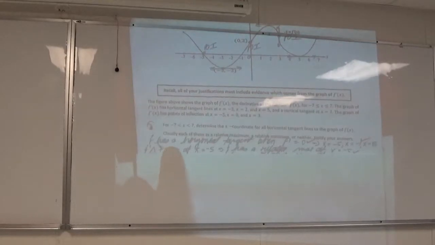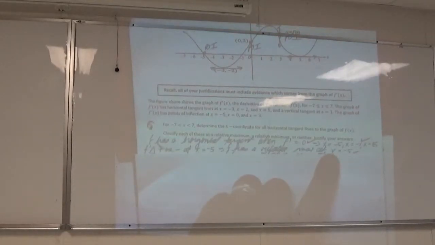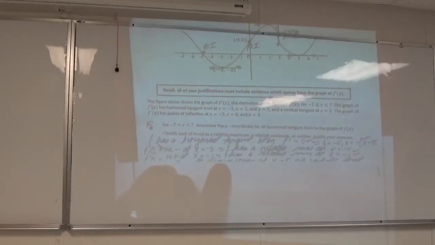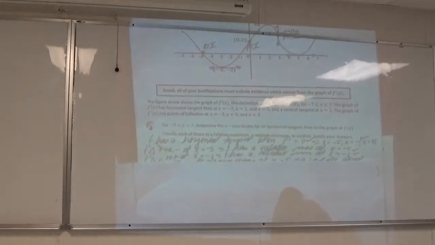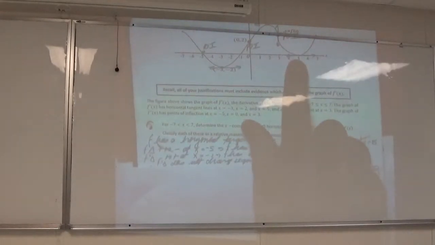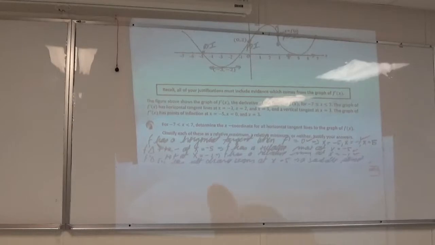F prime changes from positive to negative at negative 5. F has a relative max. Okay, what about negative 1? F prime changes from negative to positive at x equals negative 1, so f has a relative minimum. Done. Another point. X equals 5, what's happening at x equals 5? There is no change in sign. So, max? No? Min? You have one option left.